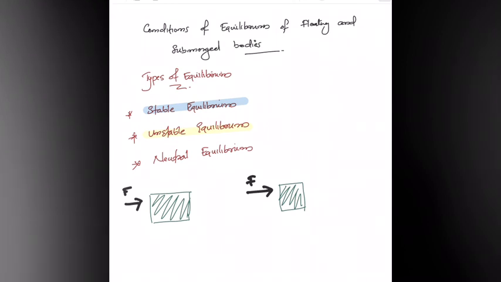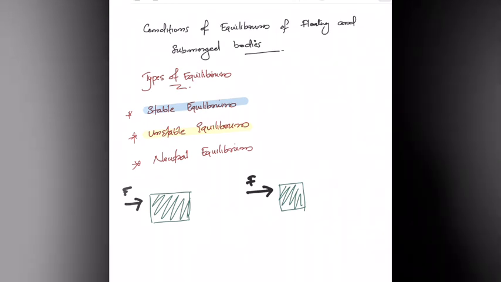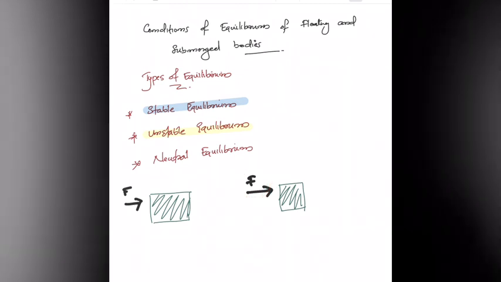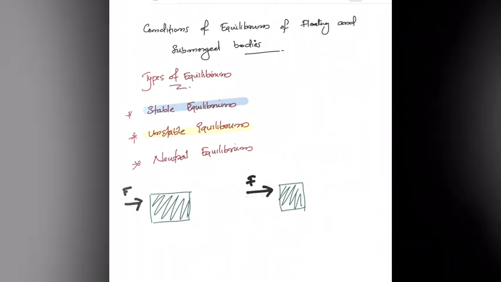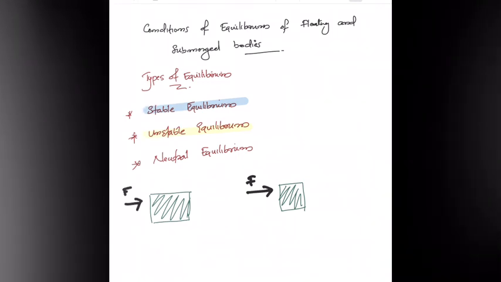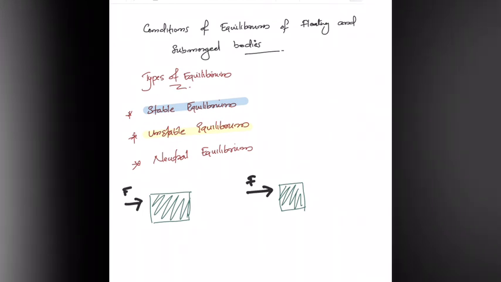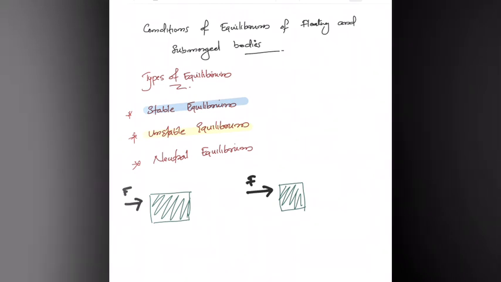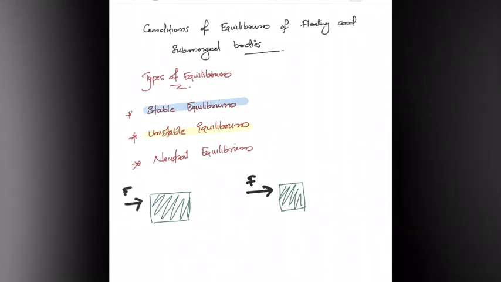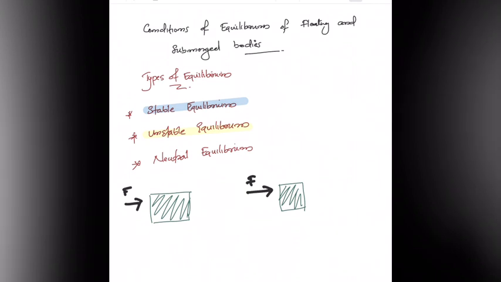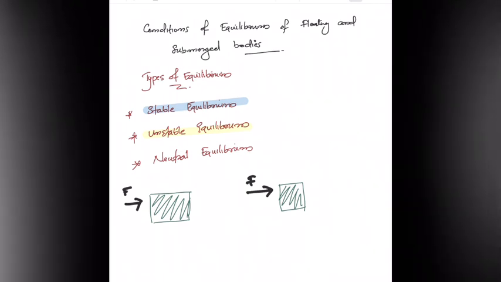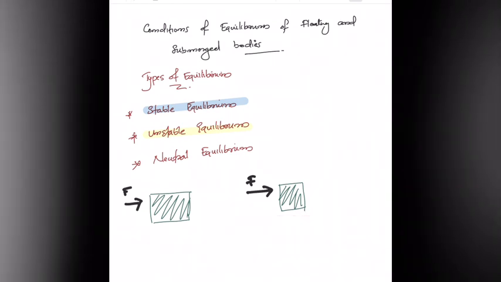That is, here there is a box and we are trying to displace the box using the force F, and if the box is in unstable equilibrium, the box will experience a net force or torque in the same direction as the displacement.